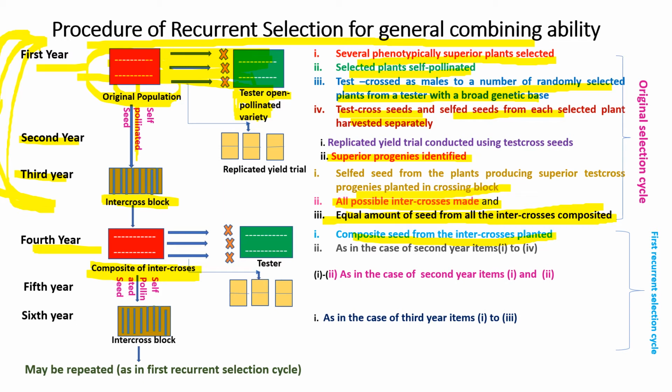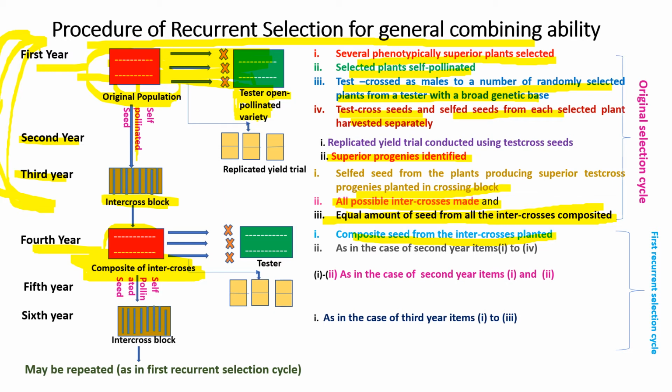Test cross as male to a number of randomly selected plants from a tester with a broad genetic base. Test cross seed and self seed from each selected plant harvested separately. This is again repeated, but in this case the seed is not from original population. In this case the seed is of composite of intercrosses.